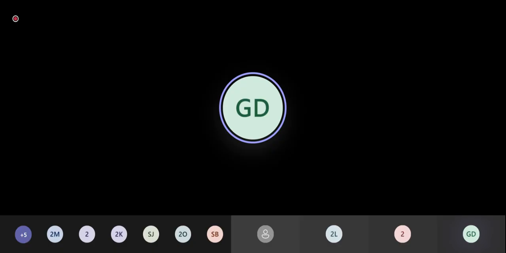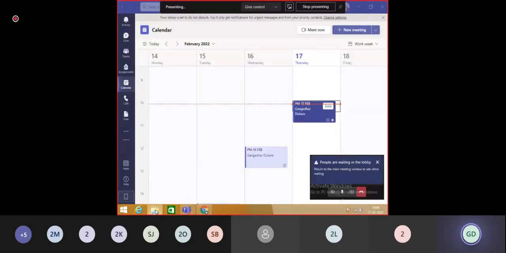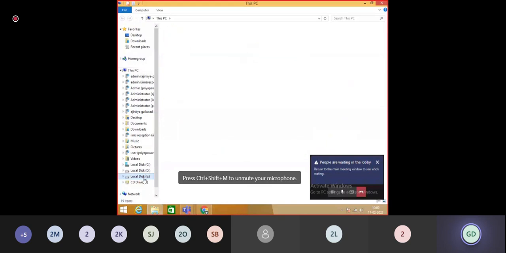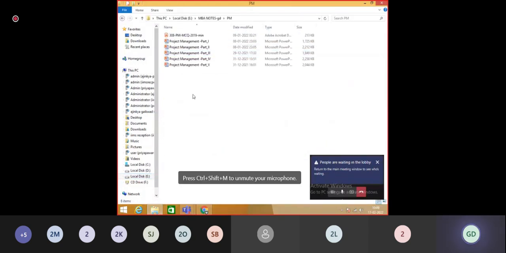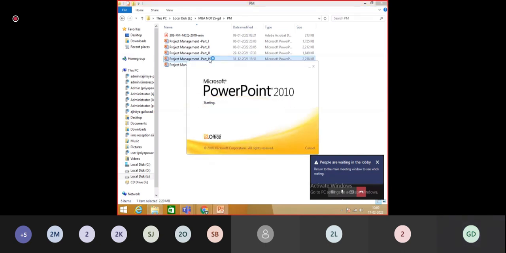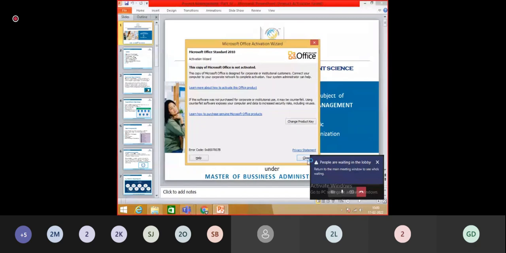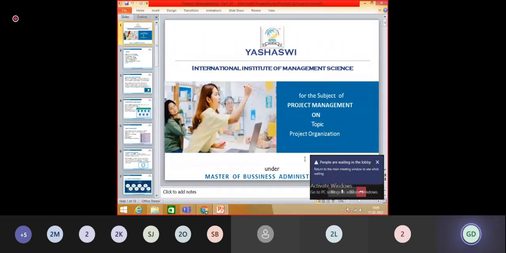I will share the slide. We will go through the revision points from the fifth unit to the first unit: fifth, fourth, third, second, and first.